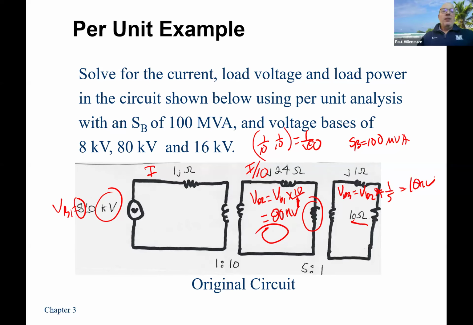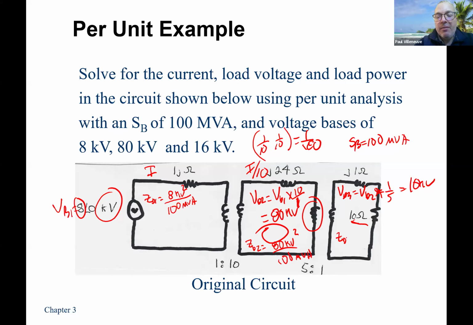So now I'm going to calculate ZB1 over here, which is going to be equal to VB squared, so 8 kV squared divided by 100 MVA. ZB2 is equal to 80 kV squared divided by 100 MVA.